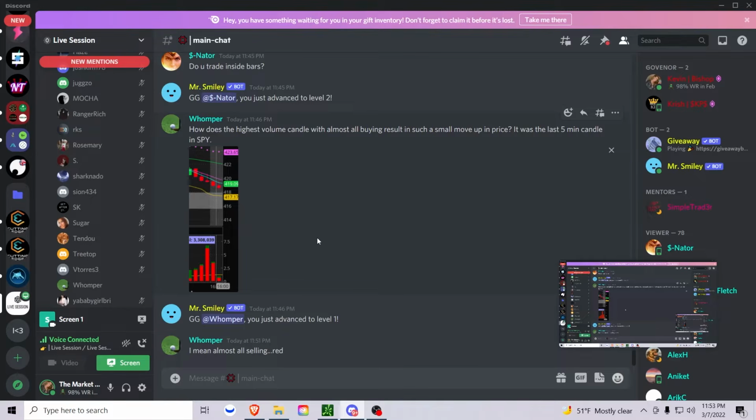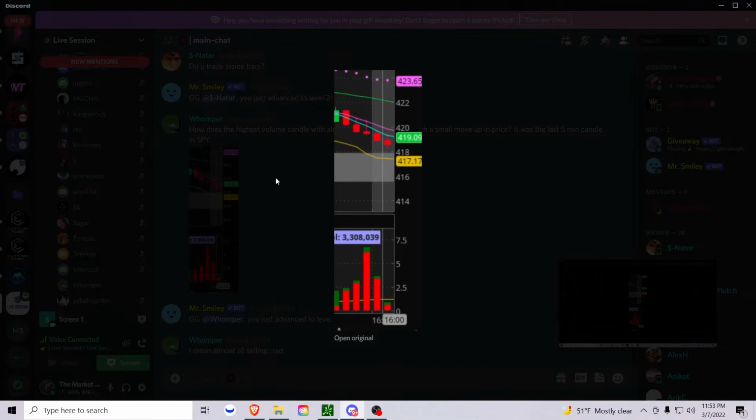One is that the buyers started at the open and inflated the price to the top of the wick, but then the buying volume was so weak that the selling volume was easily able to overcome it, and that's what caused it to close below its open, even though there's so much volume and barely any move. But that's a possibility. The other possibility is what you said, basically.